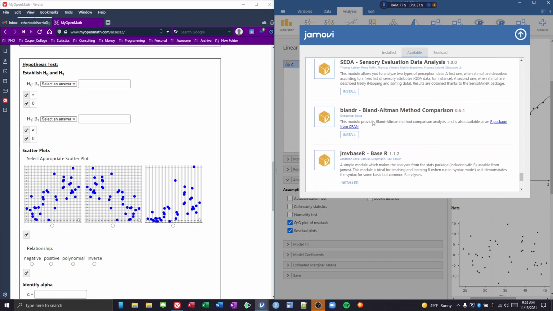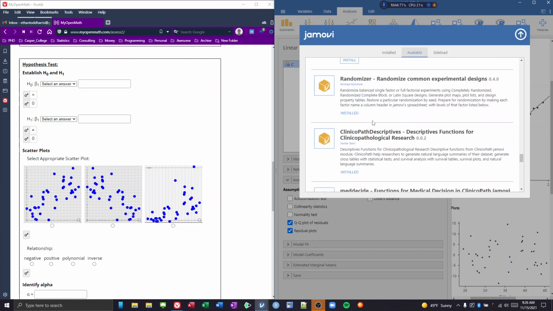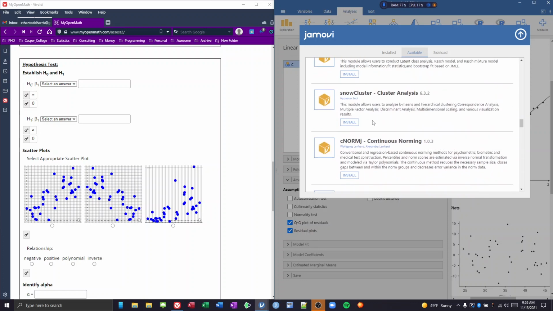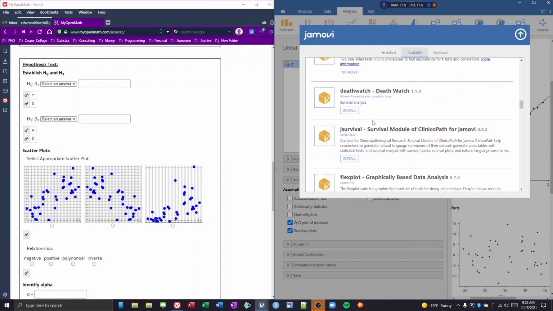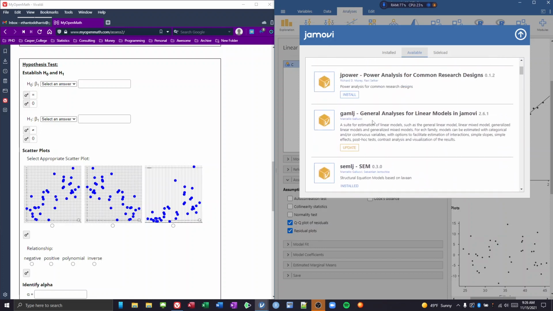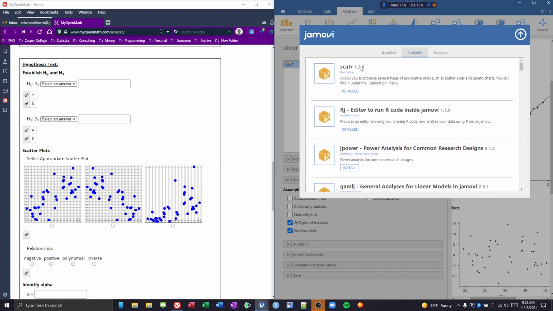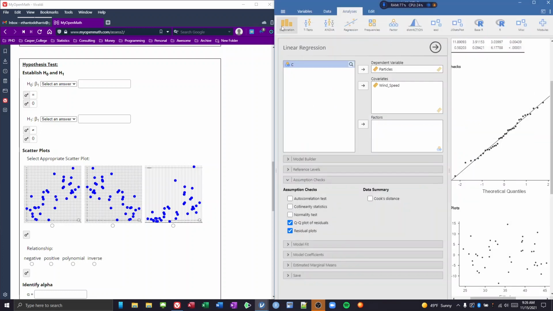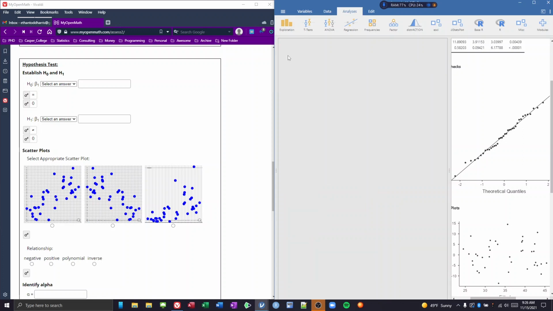Just a second. Oh, there it is. Yep, it was the very first one. Scatter. It gives you a couple of other options. So if this is not installed, go ahead and install it. But let's go ahead and go to our exploration's scatter plot.